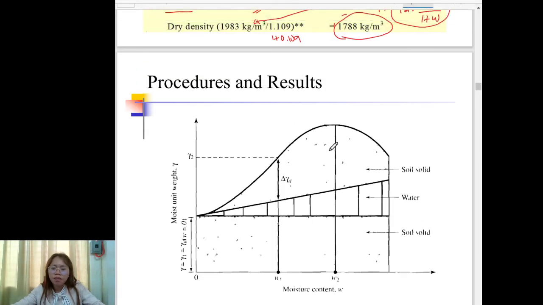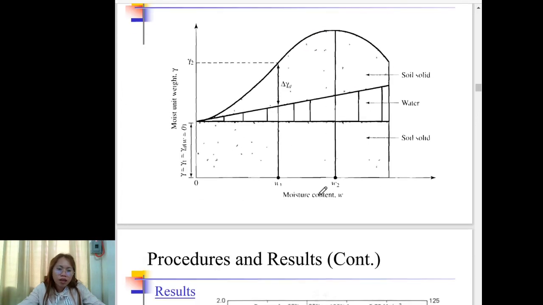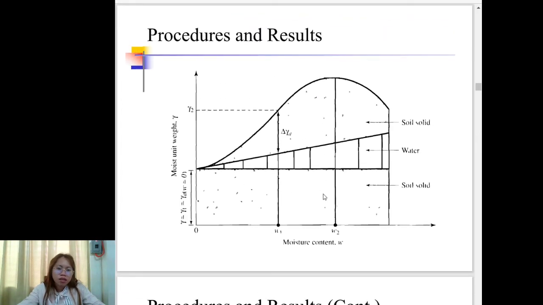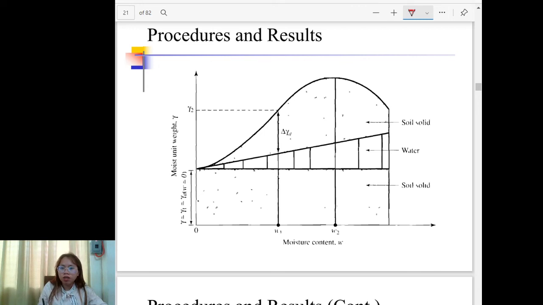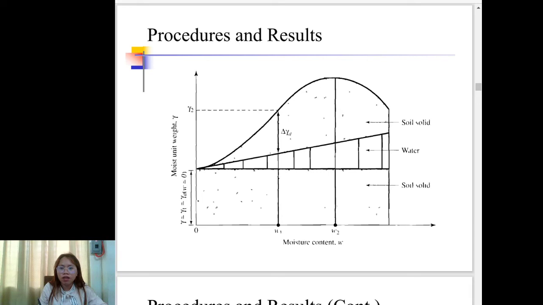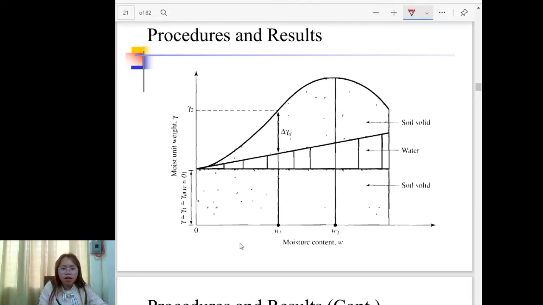So we have here the graph of the moisture content versus the moist unit weight. At compaction, as you increase the moisture content, there comes a time that you reach your maximum dry density.